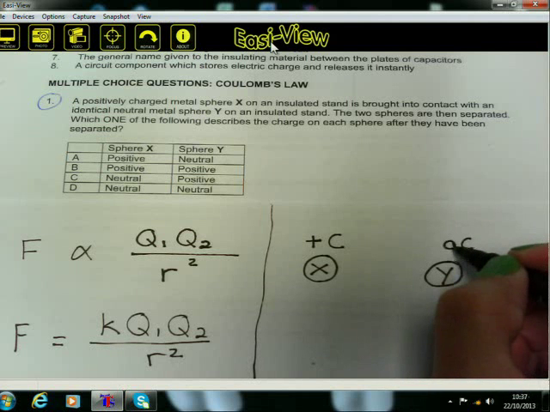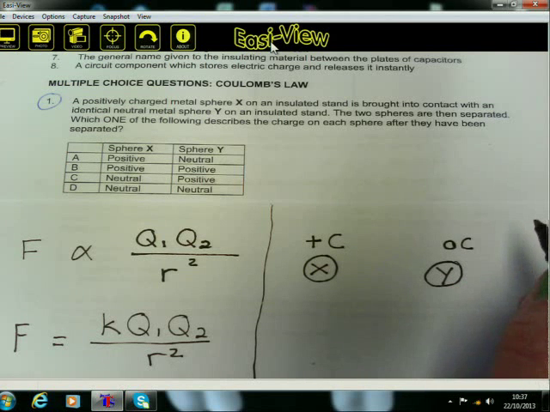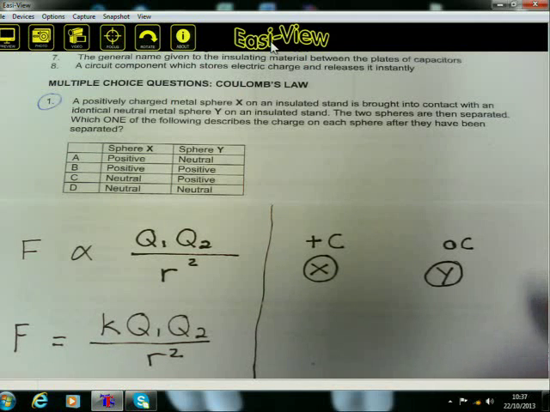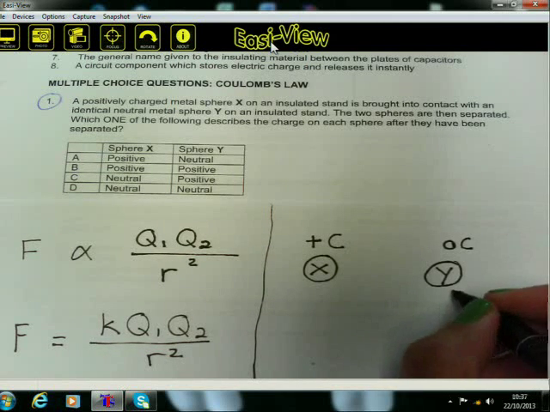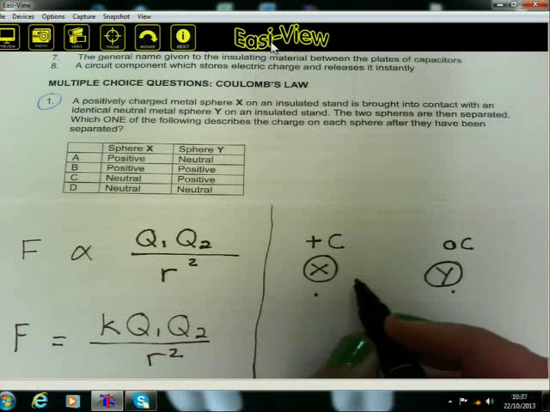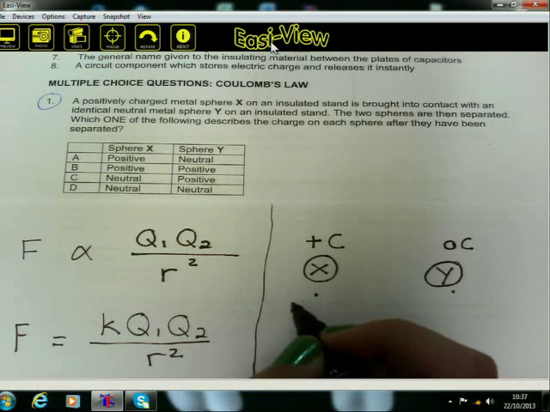Even though it's 0, that just means that the protons are equal to the electrons. It doesn't mean that there are no protons or electrons. Protons equal electrons on this one, while the positively charged one has more protons than electrons.